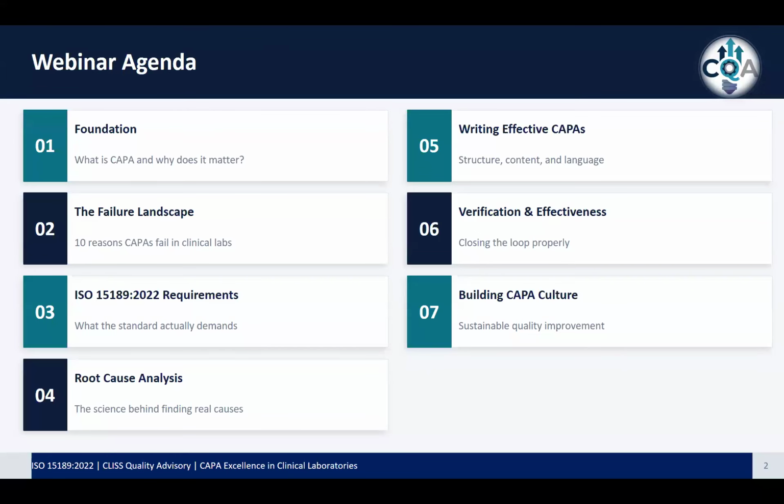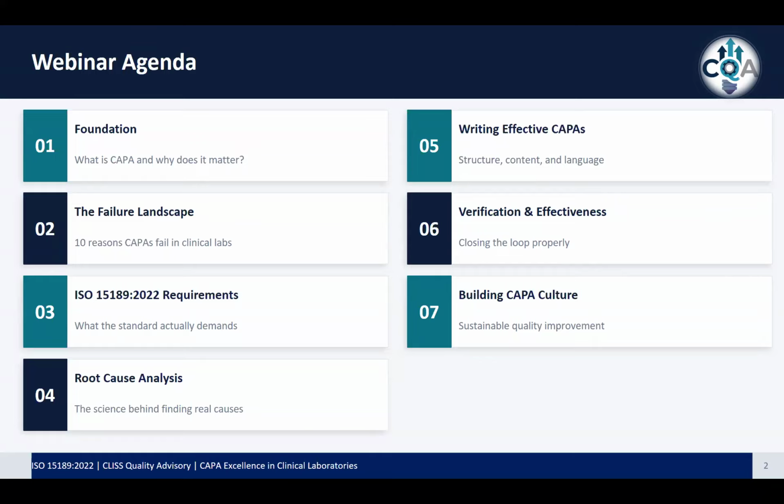So for today's presentation, we're going to look at these 7 sections. We hope to cover these 7 sections in the next hour. We'll look at the foundation, what CAPA is and why it matters to clinical laboratories. We'll look at the failure landscape. We'll explore 10 possible reasons why CAPAs are failing in clinical labs. We'll also take a deep dive into the requirements of ISO 15189:2022 insofar as CAPAs and non-conformance management is concerned.